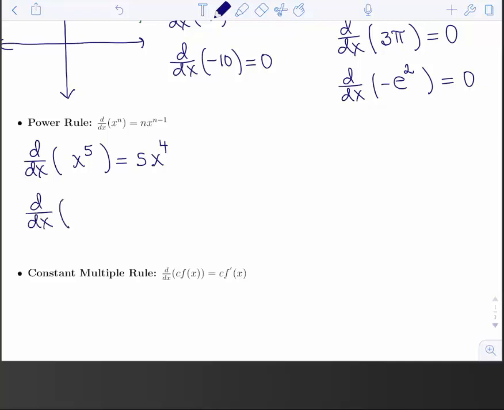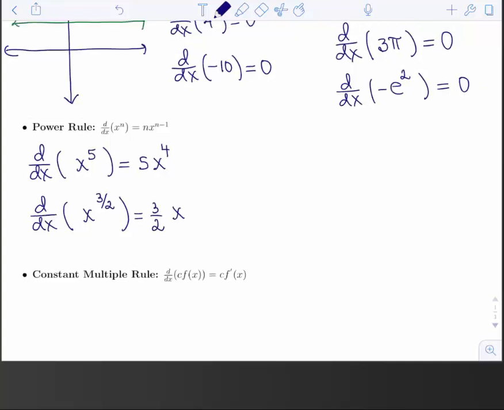My power does not have to be a whole number. It could be a fraction. So let's say x to the power 3 over 2, and I'd like to differentiate this function. I'm going to bring 3 over 2 down. And what happens here? So 3 over 2 minus 1, that would be 1/2, right? So my final answer is 3 over 2 times x to the power 1/2, which is square root of x.